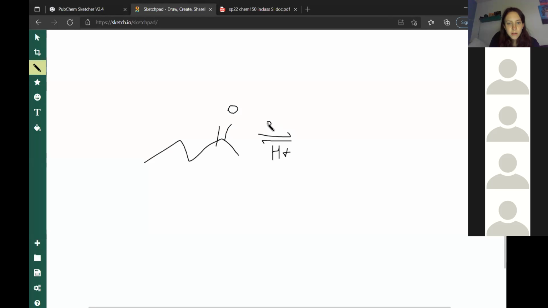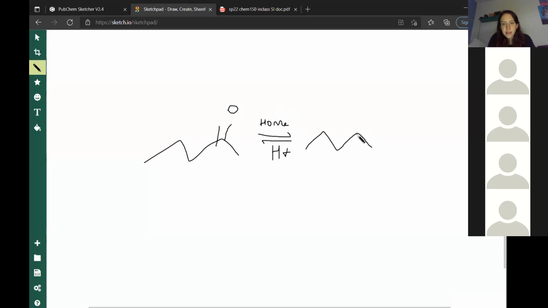It's OH and then I'm going to use the shorthand for methyl here since it's just a CH3. So don't get confused. If it was a CH2CH3, you could write the OH and then Et for ethyl. That shorthand will just make it easier when it comes to drawing.